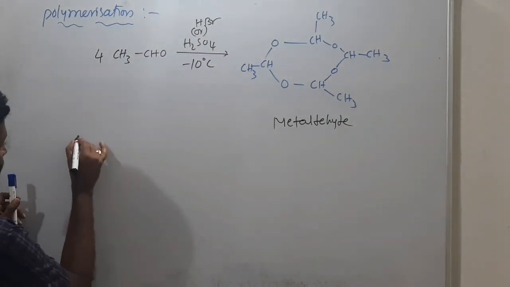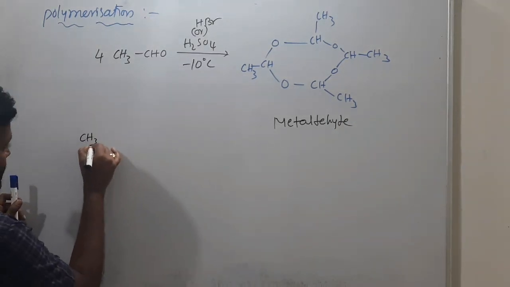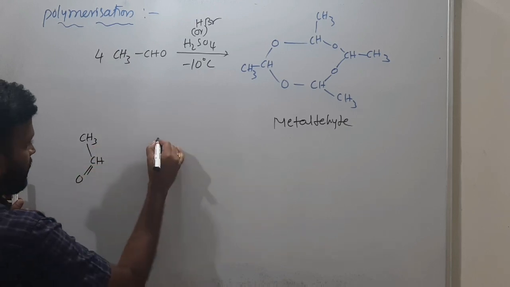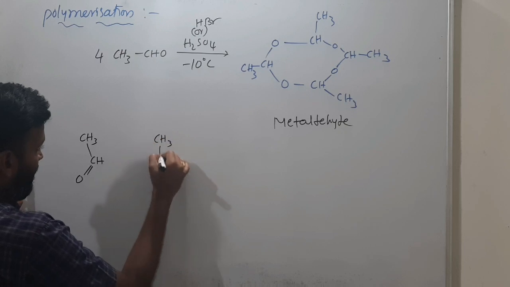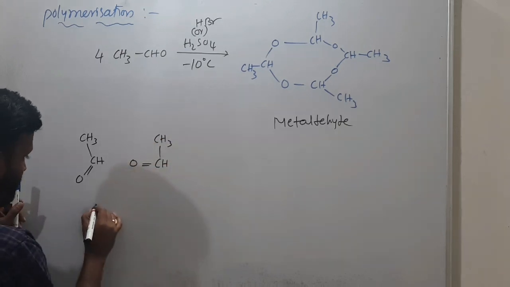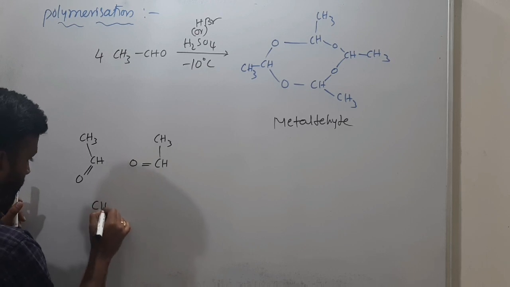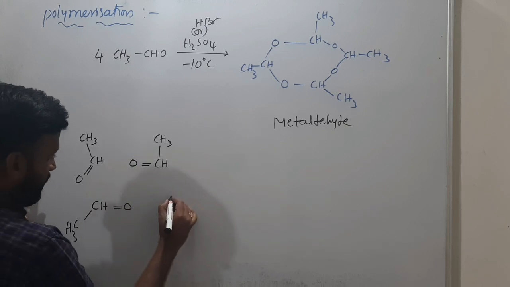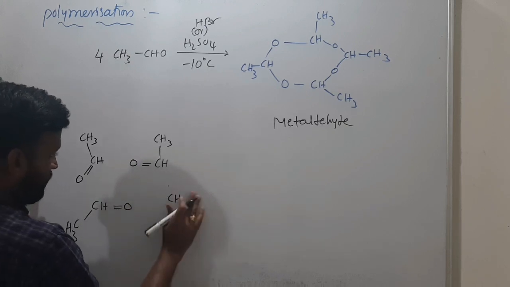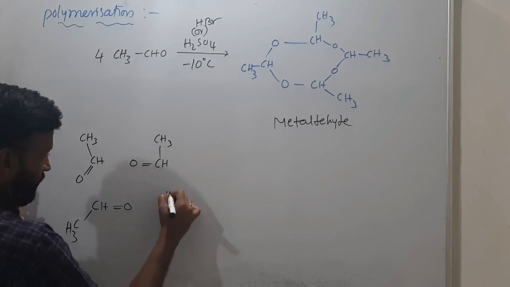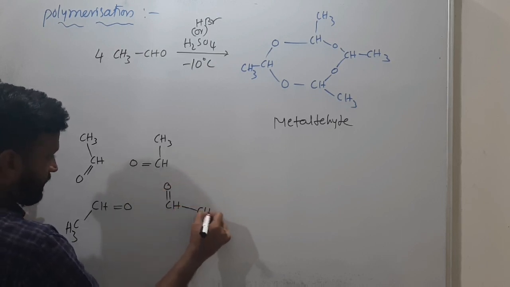Metaldehyde. You can write it like this: CH3, CH double bond, CH3, CH double bond, CH and CH3 double bond, and CH double bond O and CH3.